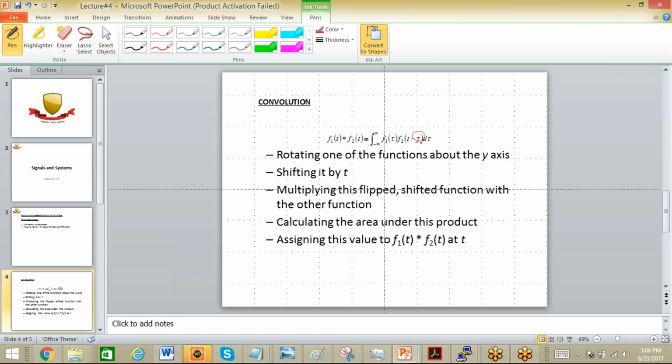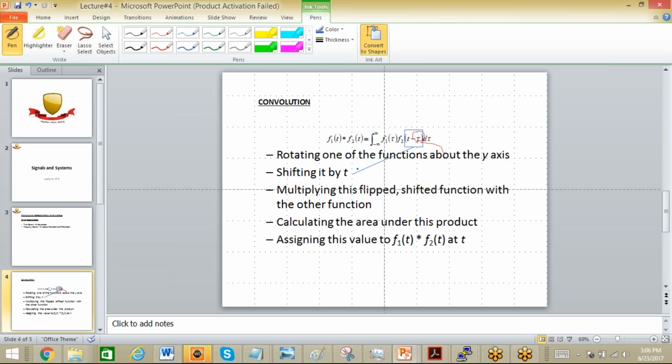It simply means we are rotating one of these functions about the y-axis. We are taking a mirror image, and then the next important point is t minus tau. That's the important part of the application. This is shifting the same function by t.